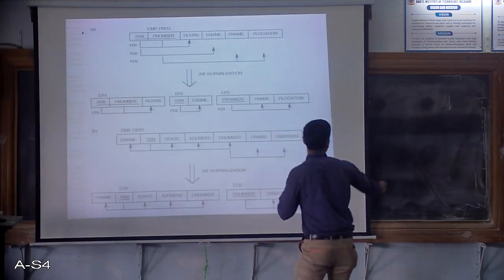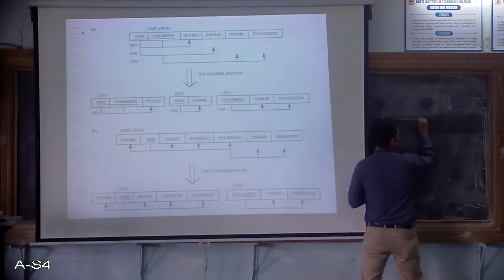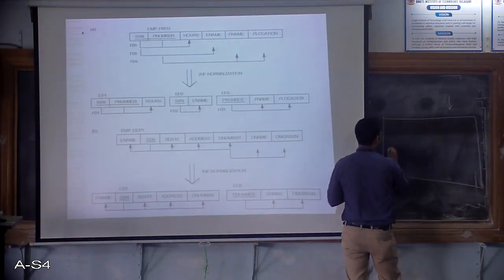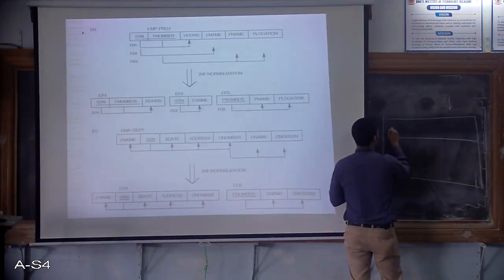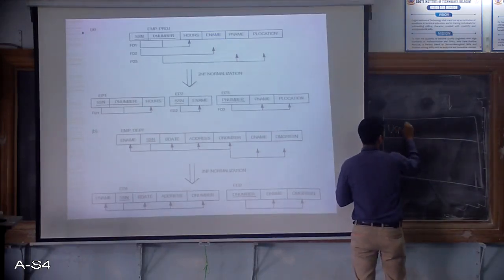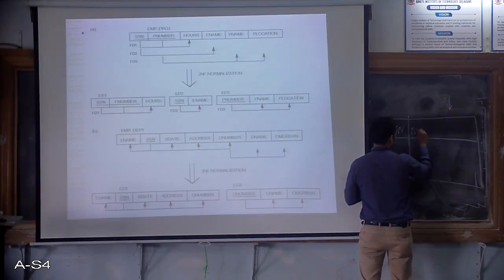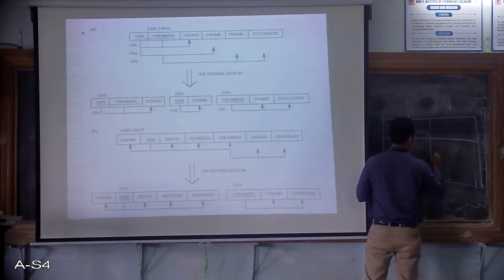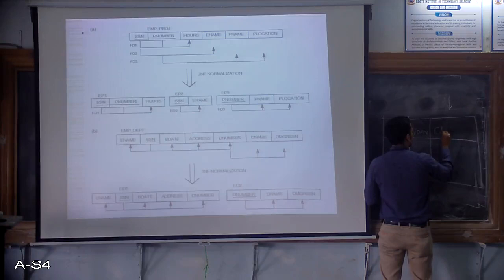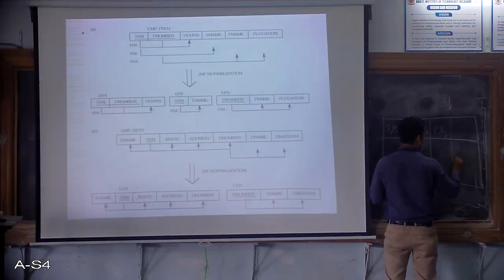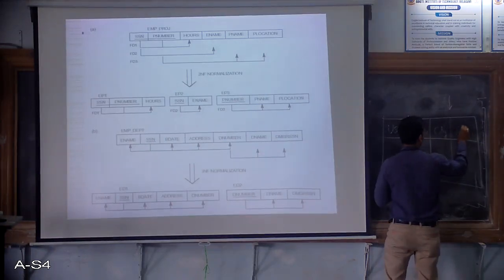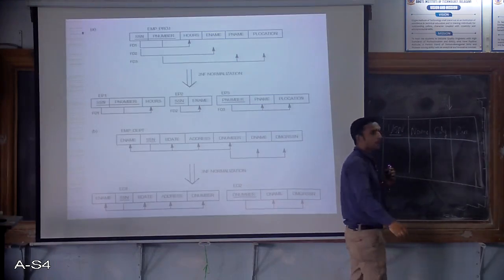A simple example for you to understand is your USN, your name, your city and the PIN code. Assume that your USN is the primary key.